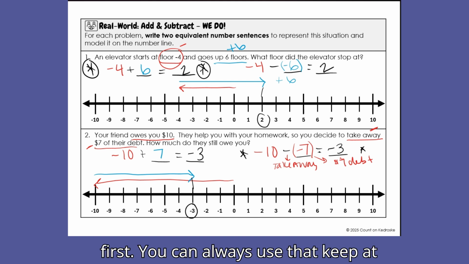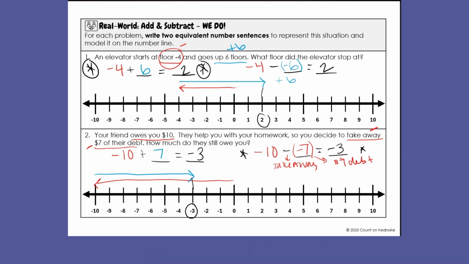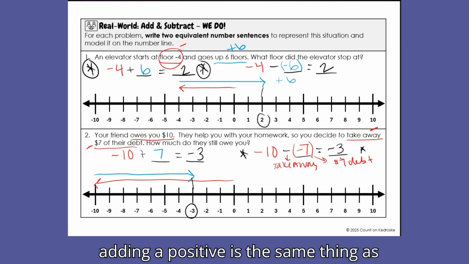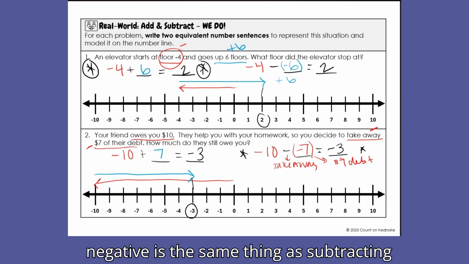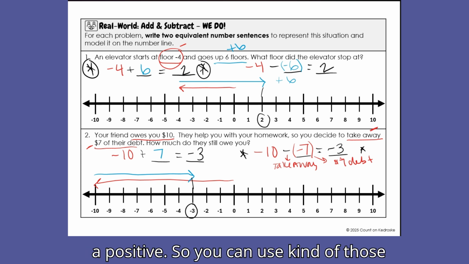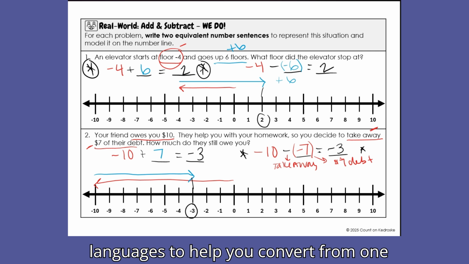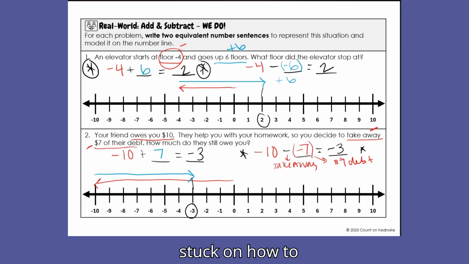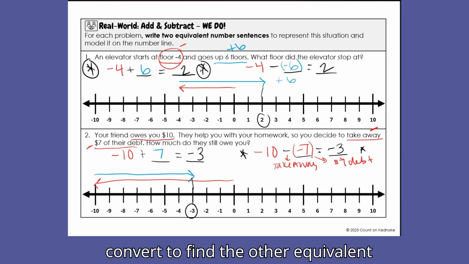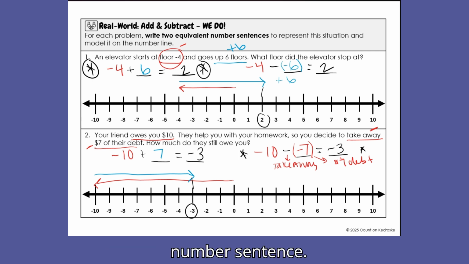You can always use that keep, add, opposite, or that idea of adding a positive is the same thing as subtracting a negative, or that adding a negative is the same thing as subtracting a positive. So you can use kind of those languages to help you convert from one form to another if you're kind of getting stuck on how to convert to find the other equivalent number sentence.